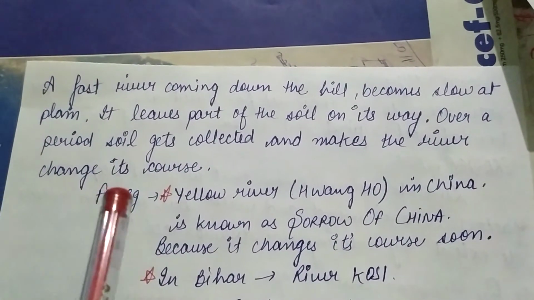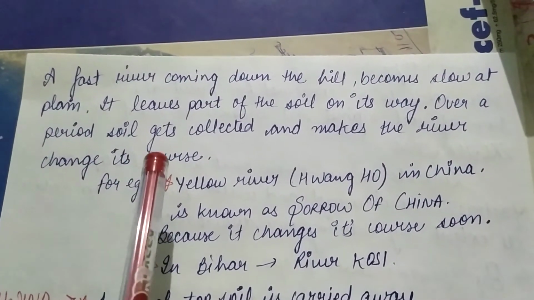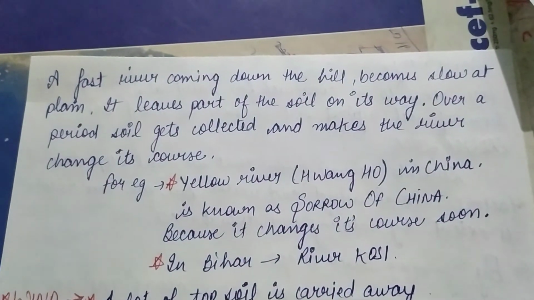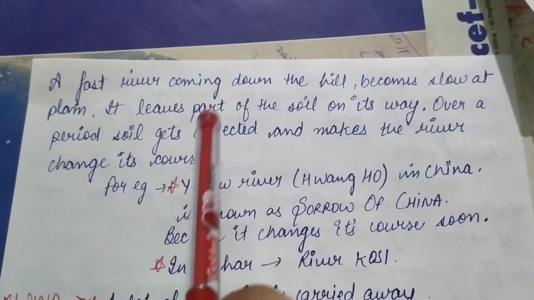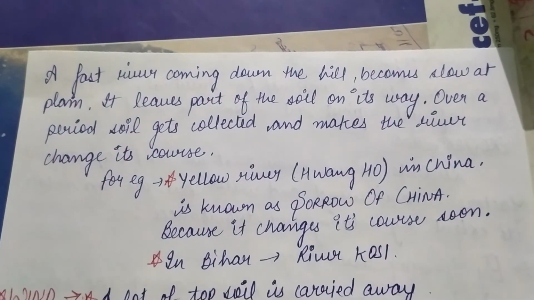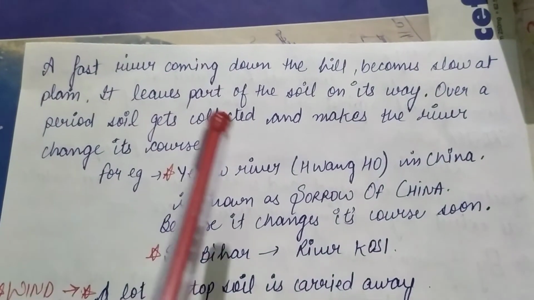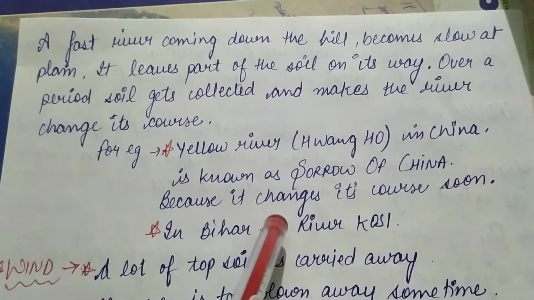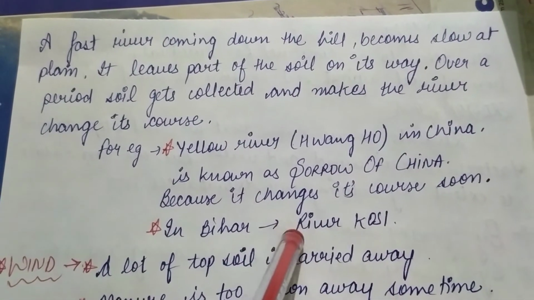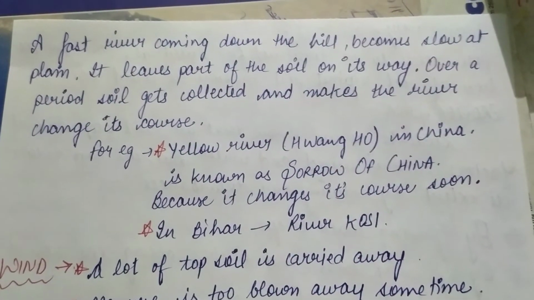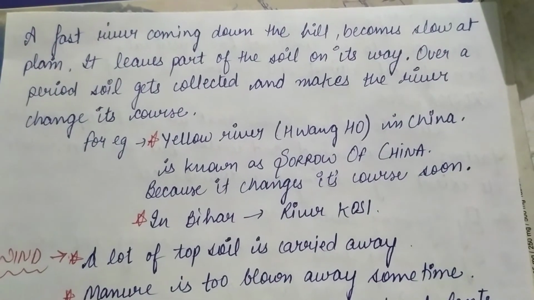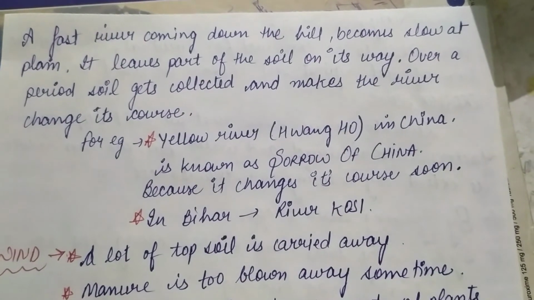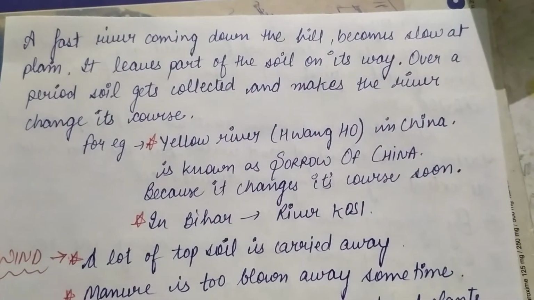Now, how does the running water down the hill cause it? A fast river coming down the hill becomes slow at the plain. Thus, it leaves part of the soil on its way. Over time, soil gets collected and makes the river change its course, which changes the nature of soil of that particular area and affects a lot the life of people living in that area.